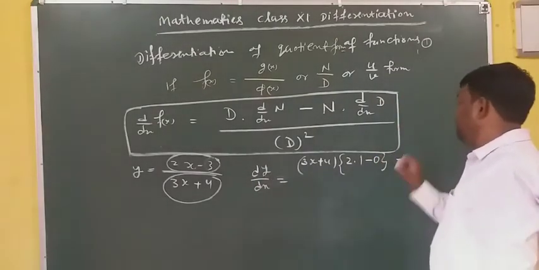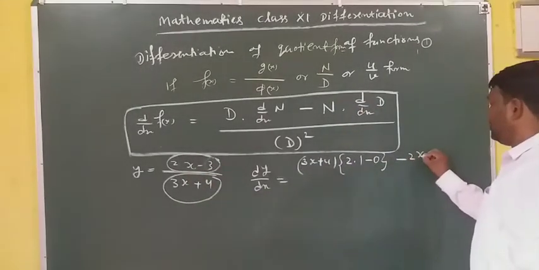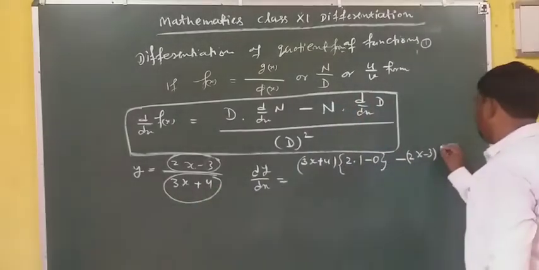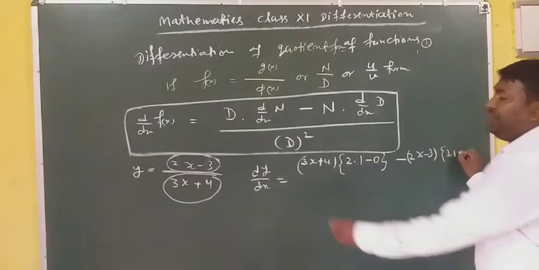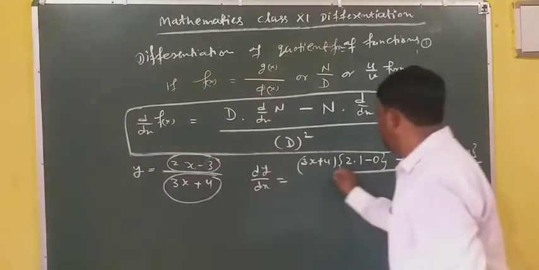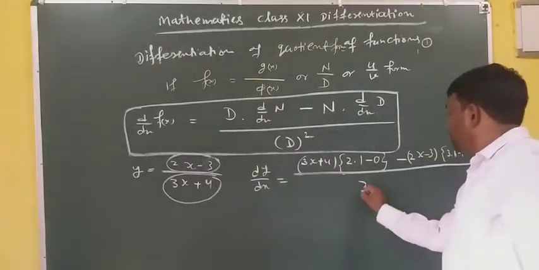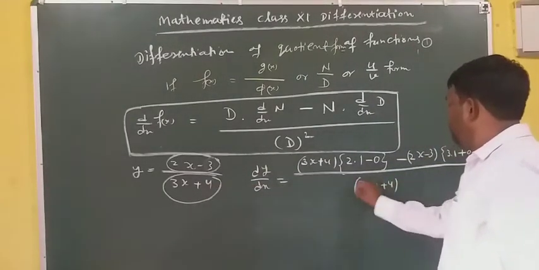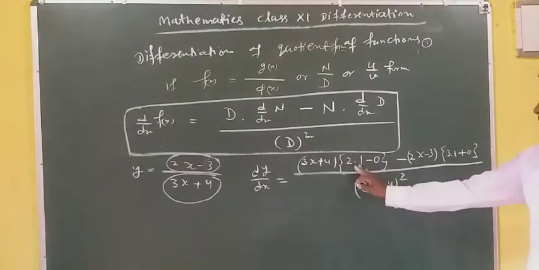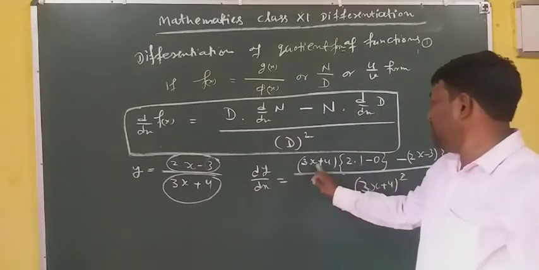Minus. Now the numerator as it is, 2x minus 3, and the differentiation of the denominator, this is 3 into 1, and the differentiation of this 4 will be equal to 0, divided by the denominator whole square, (3x plus 4) whole square. Now solving this, 2 into 1 is 2 minus 0, that is 2, multiplying with 3x plus 4.